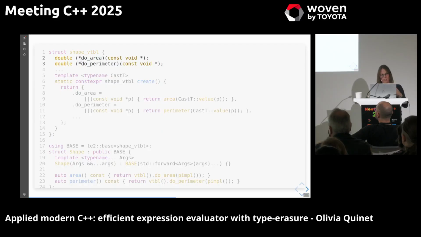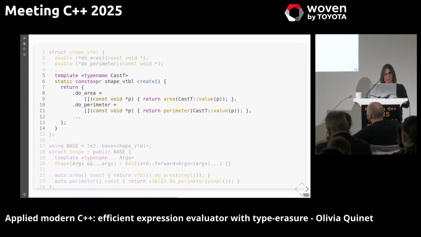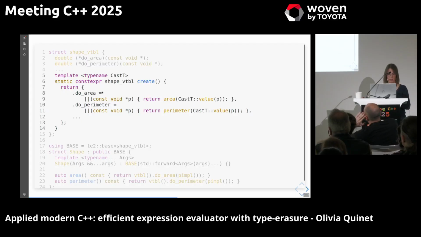Instead of drawing here, I took, for example, two methods: compute the area and compute the perimeter. The create static member will return a shape VTBL. Its role is to initialize the do area and do perimeter members with a lambda function.